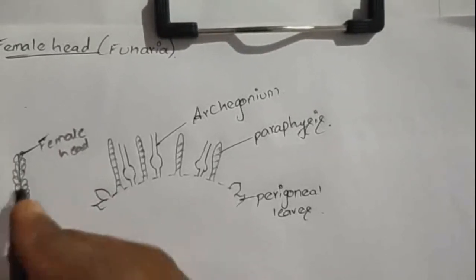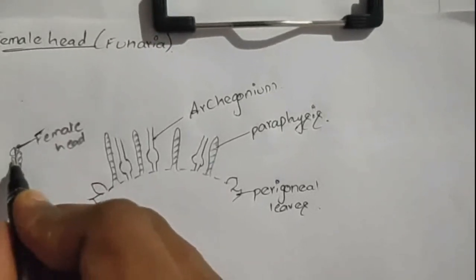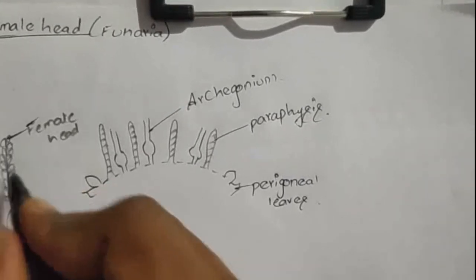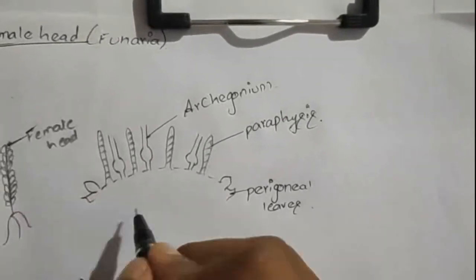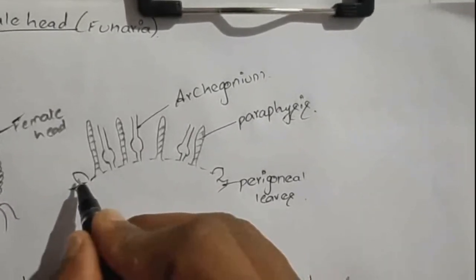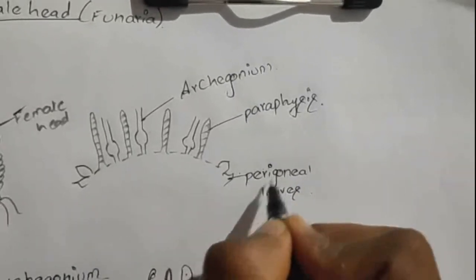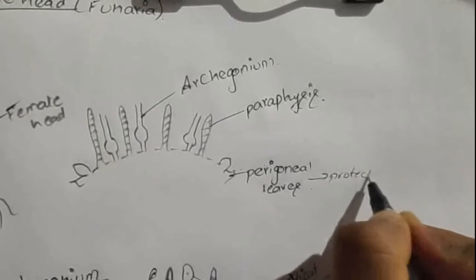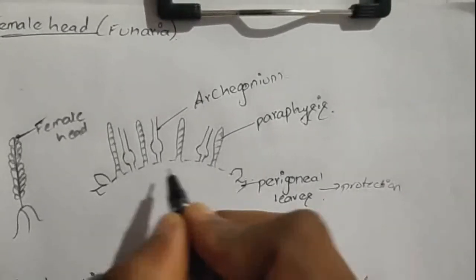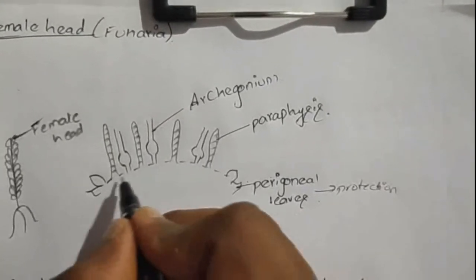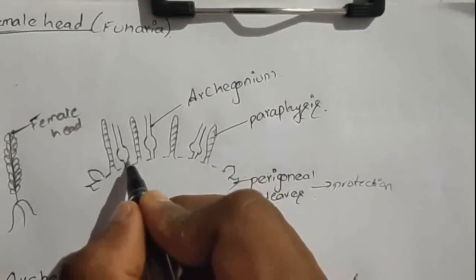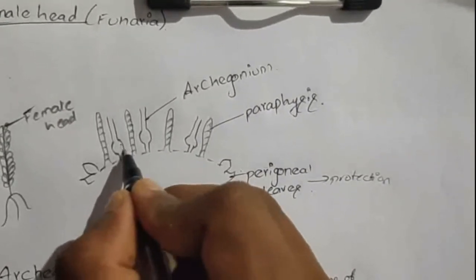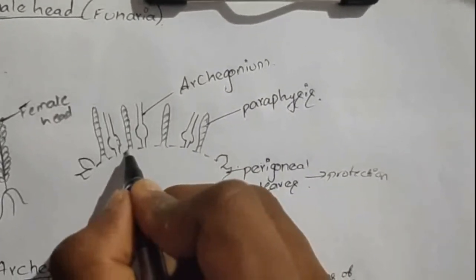On the female branch, we can see the female head where the female sex organs, archegonia, are present. At the tip is a convex part and it is surrounded by leaf-like structures known as perichaetial leaves, which help in protection. And at the convex part, we can see the female sex organs, archegonia, and between the archegonia we can see the paraphysis.